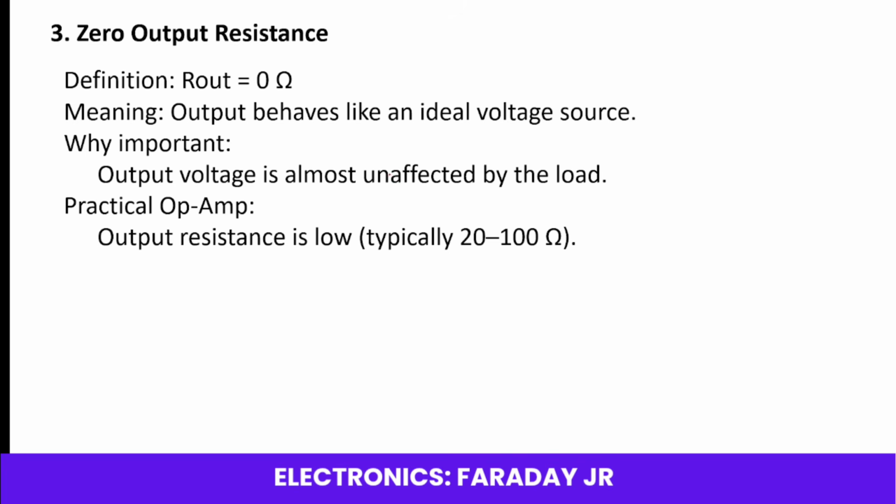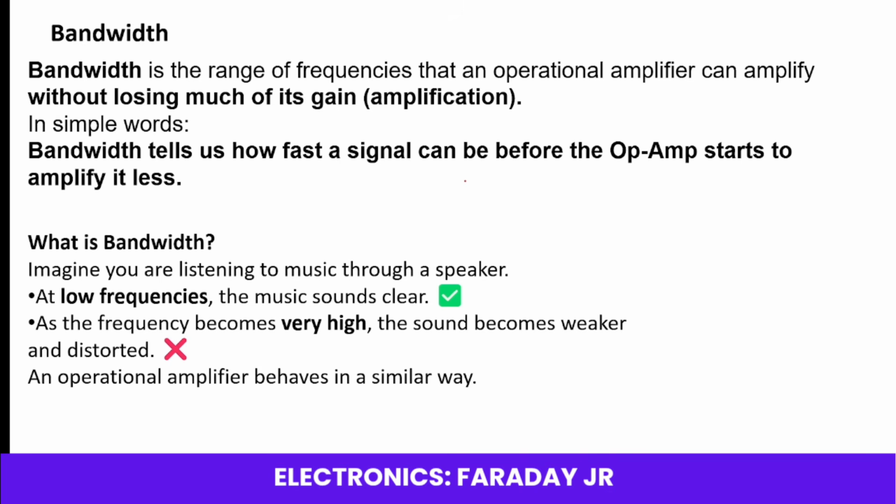If you have 2 volts, it's still going to be 2 volts. Your system wouldn't be affected at the output. That's theoretically. But practically, the output resistance is low, not zero, typically about 20 to 100 ohms.